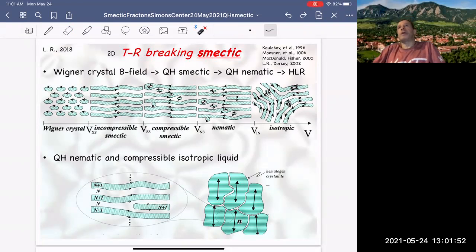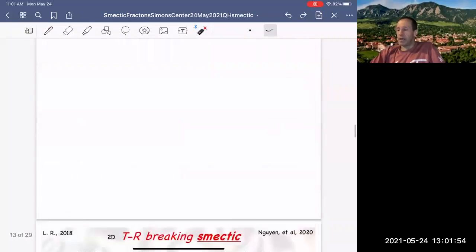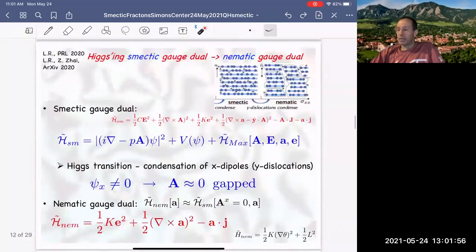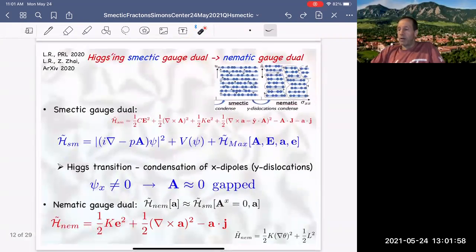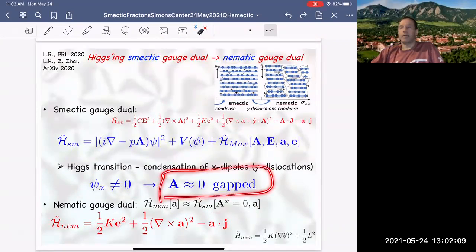At the simplest mean field level, once some matter, the dipole matter, condenses to take me from one phase to the other, this gauge field gets gapped out. But the actual criticality of this phase transition of this model has not been studied.